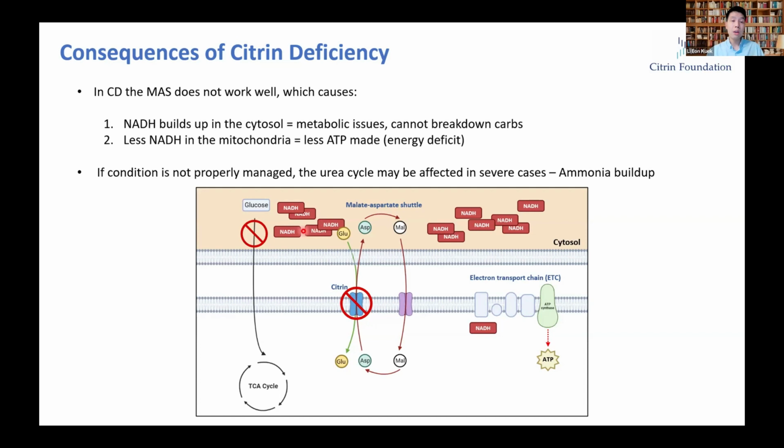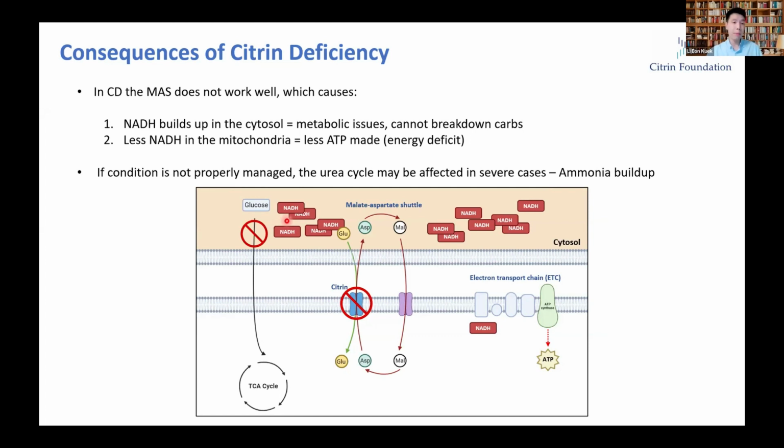The other thing is carbohydrates, as I said before, during its breakdown in the body, it produces more NADH in the cytosol. And so you can see this becomes a vicious cycle, right? If you consume carbohydrates, it makes more NADH, but NADH also blocks the ability of carbohydrates to be broken down. So this is why we understand perhaps why patients do not tolerate carbohydrates well, and many feel pretty sick after eating too much carbs.